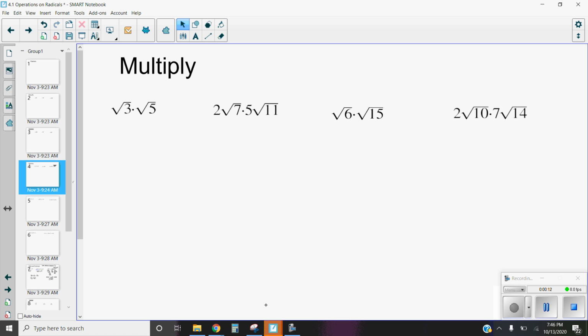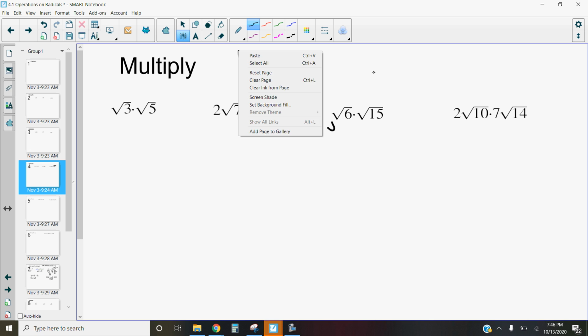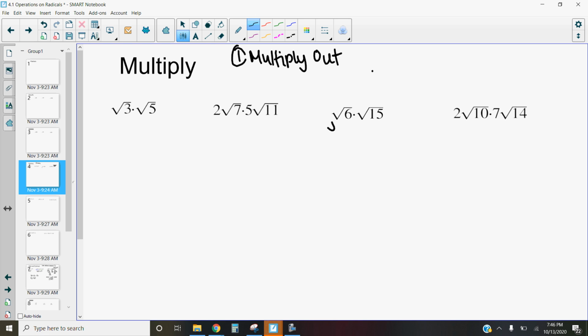So when we are multiplying radicals, we're going to follow three simple steps. Step number one is to multiply the numbers on the outside, our coefficients.